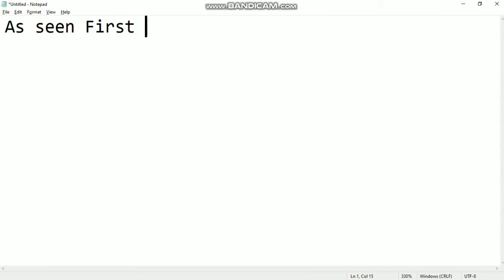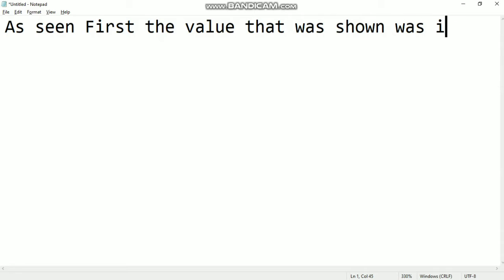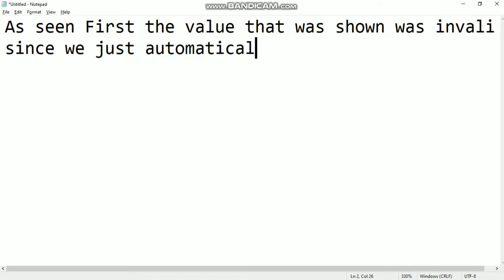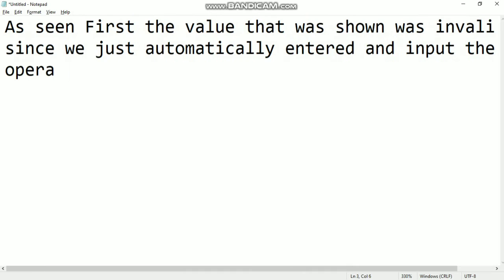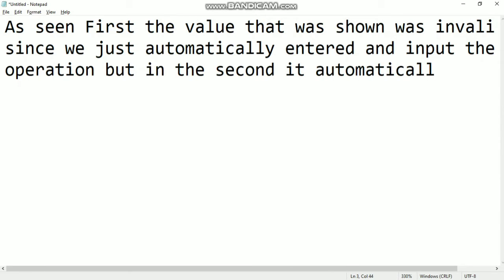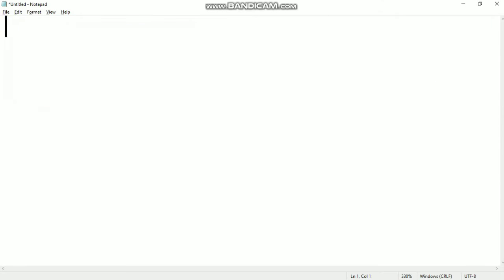As seen, first the value that was shown was invalid since we just entered the operation, but the second time it automatically shows the answers.